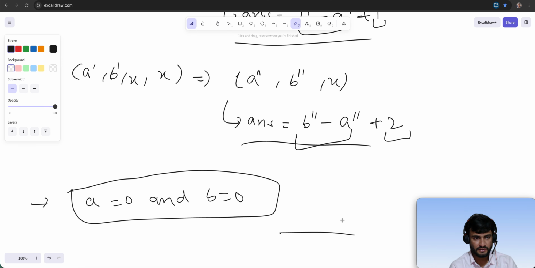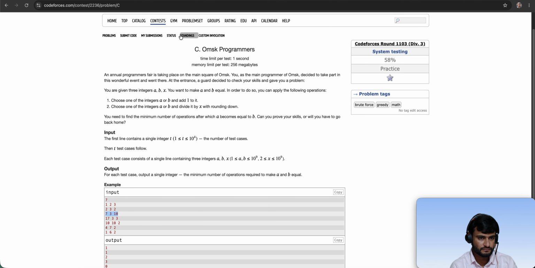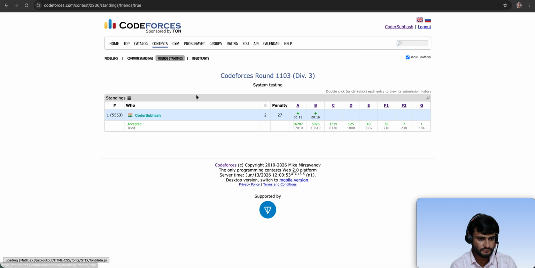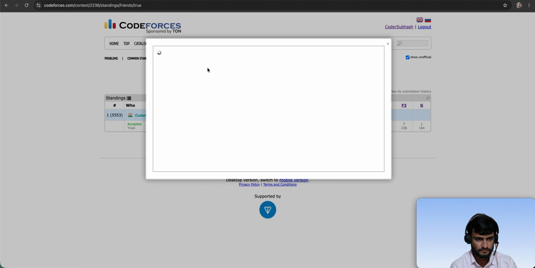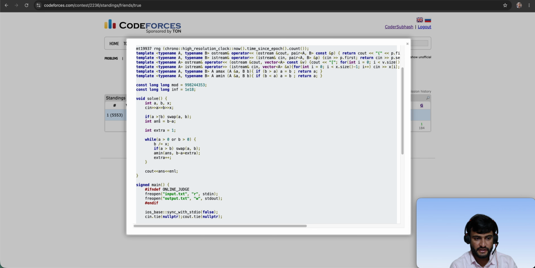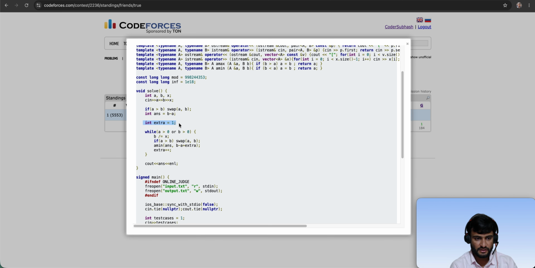Okay, so let's see the implementation. We have done the same thing. Initially, we calculated the answer b minus a, only applying the add operation. This extra variable counts the number of division operations we have applied, and we will continue this while loop until a is greater than 0 or b is greater than 0.